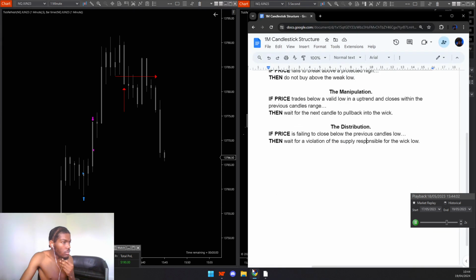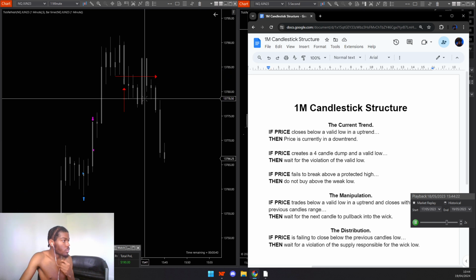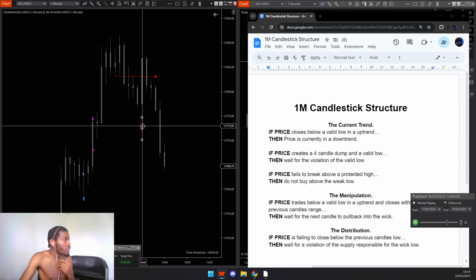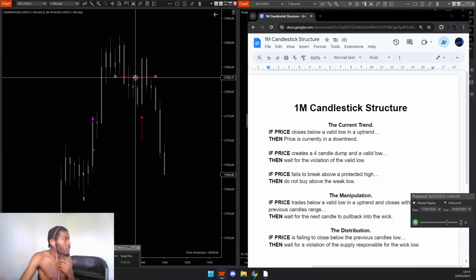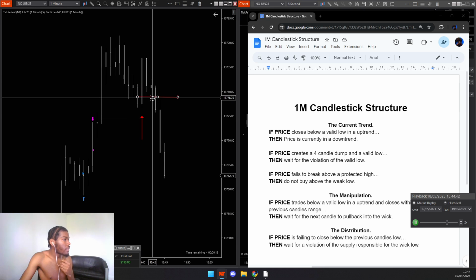And if price closes below a valid low in an uptrend, then price is currently in a downtrend. And that's what we see until this closed up above that high. And then you see a violation of it again.